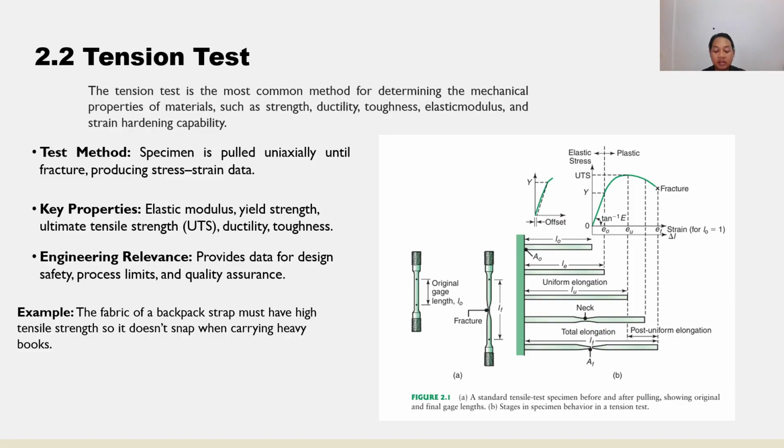By analyzing toughness and ductility, engineers can anticipate whether a material is suitable for forming, machining, or surface application. An example of the tension test in real life is that the fabric of a backpack strap must have high tensile strength so it doesn't snap when carrying heavy books.